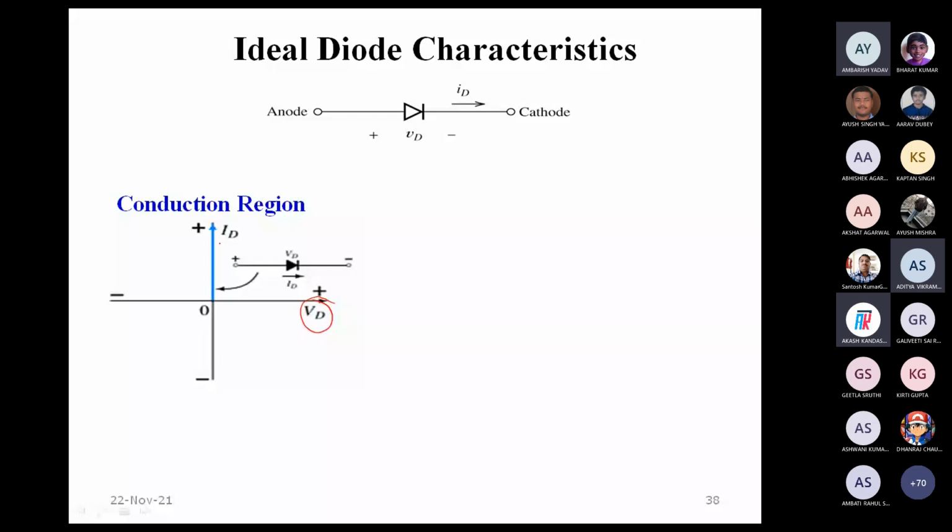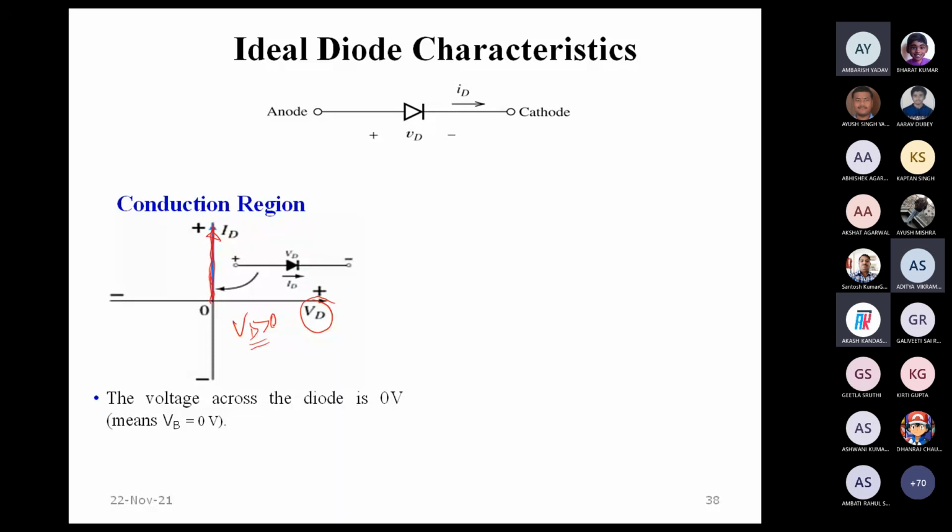So this is the ideal condition. The current is on the vertical axis here, with a positive voltage, so VD greater than 0. Even a small voltage greater than 0 makes the current flow through it.